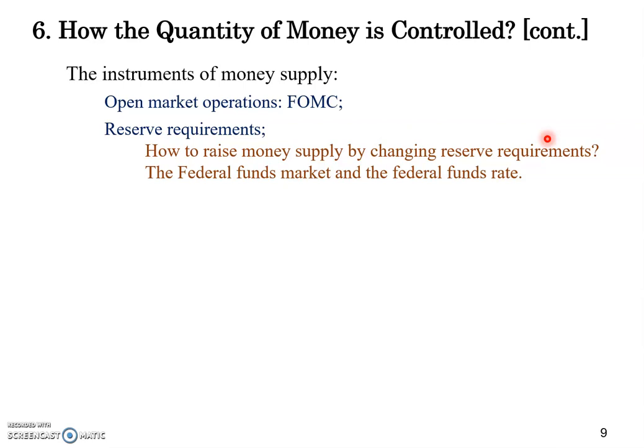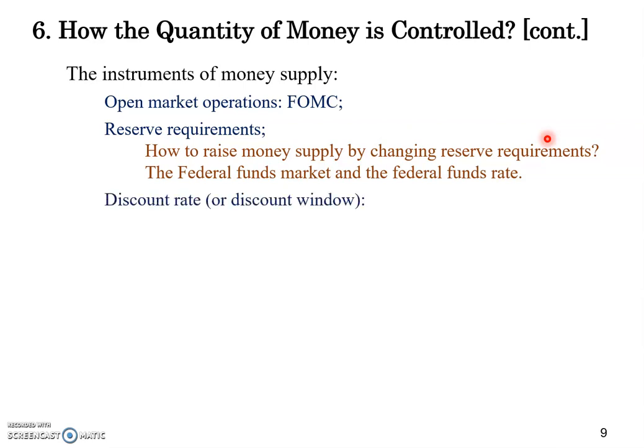The federal funds rate is another very important indicator for monetary policymakers to monitor what's going on in this federal funds market, because how high or how low the federal funds rate is will eventually determine the rates for car loans, mortgages, and other things. So it's kind of the benchmark rate, right? So this is the second monetary policy tool, the reserve requirement.